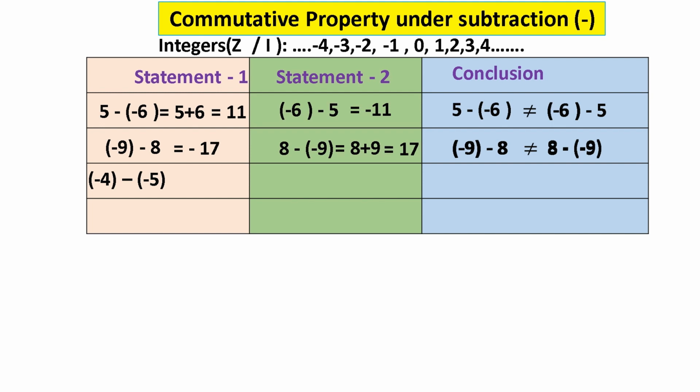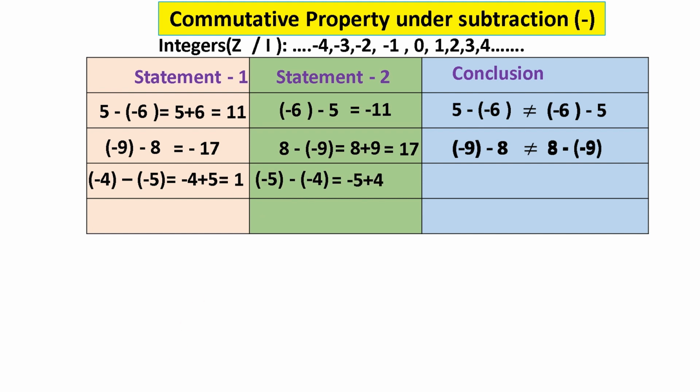Now, minus 4 minus of minus 5. We get minus 4, and here minus of minus is plus 5. Now, what do we get here? Plus 1. The plus 1 is our answer for the first statement. In statement 2, here minus 5 minus of minus 4. We check whether we get the same answer or not.